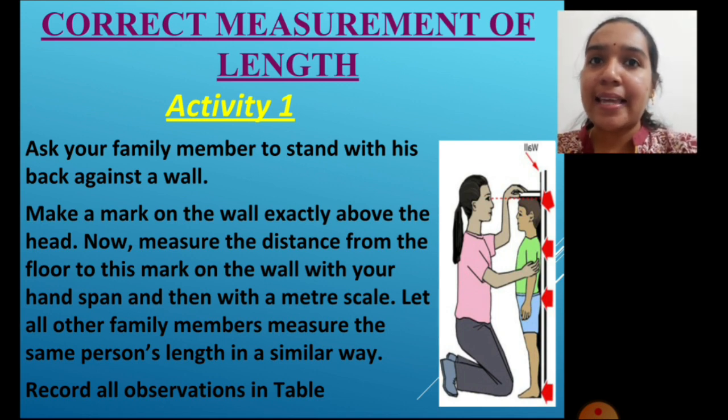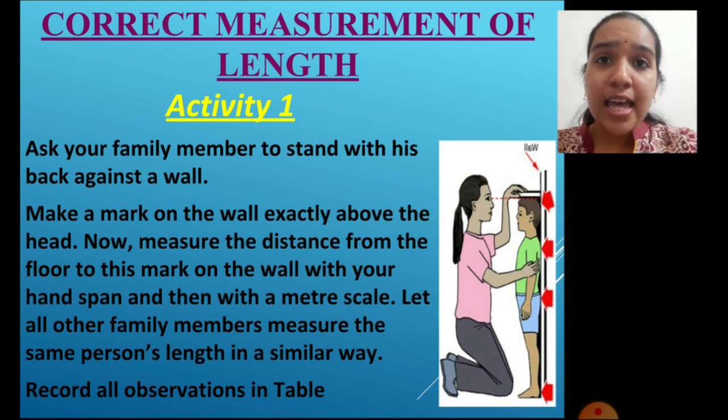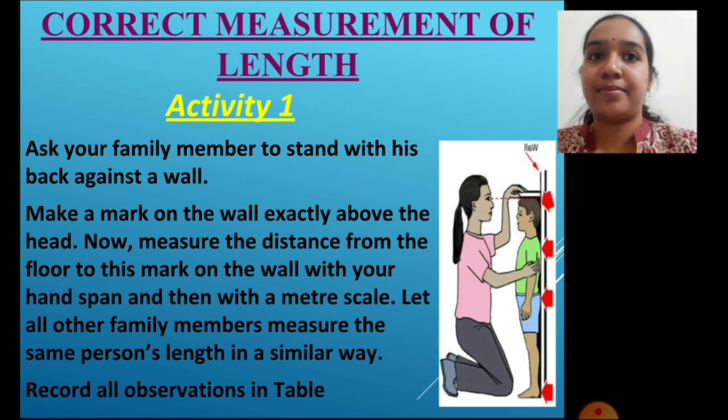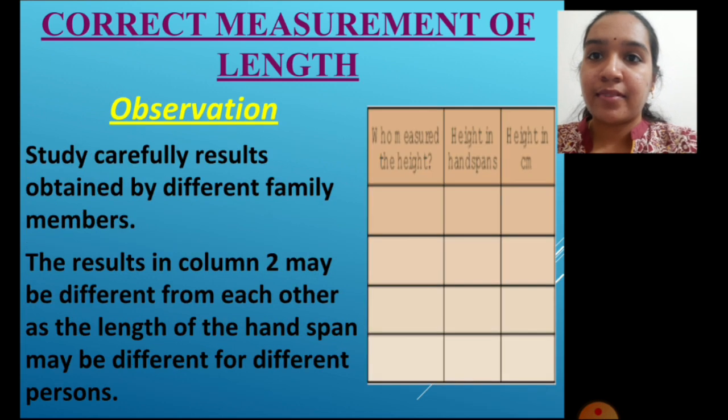Now repeat the same measurement of this wall length with other family members and record their results too, meaning the number of handspans they have got and the observations they have seen when measured with the meter scale, in a proper table like the table given here.